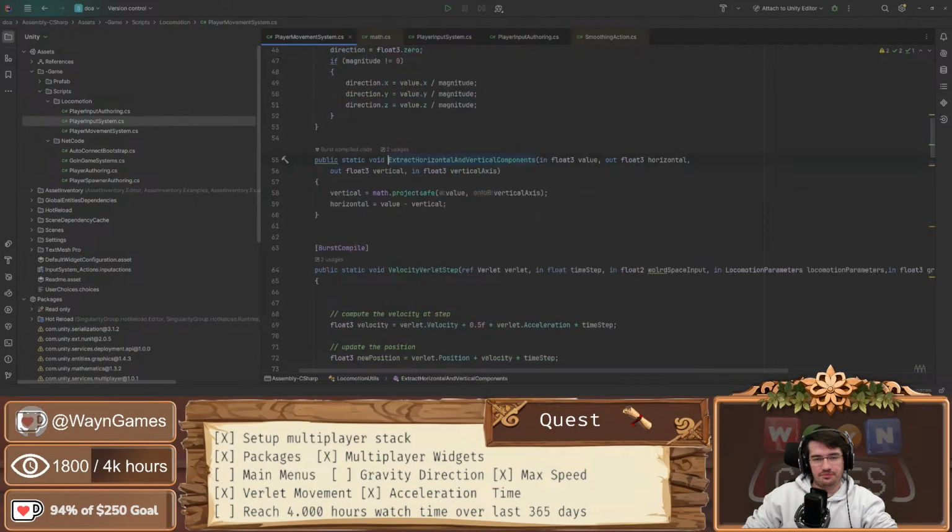Because is this an issue if I'm perfectly aligned with the gravity like I had for the input? Let's say the projection is 0. Then I still get my input vector, so that's good.